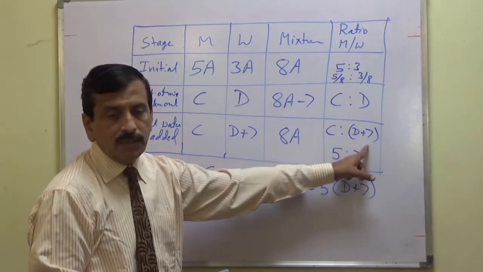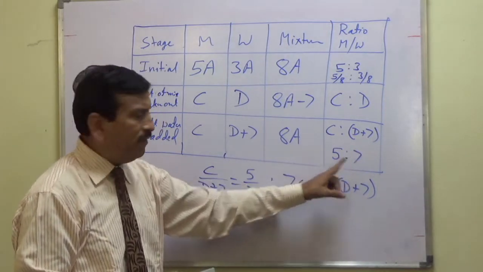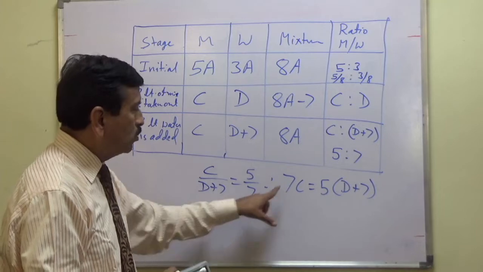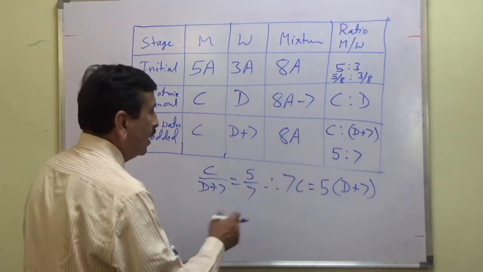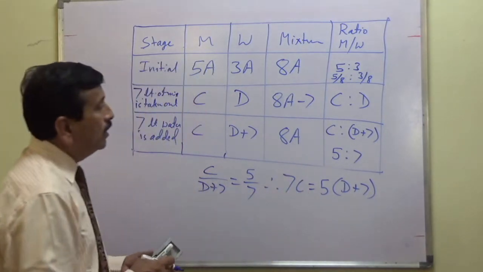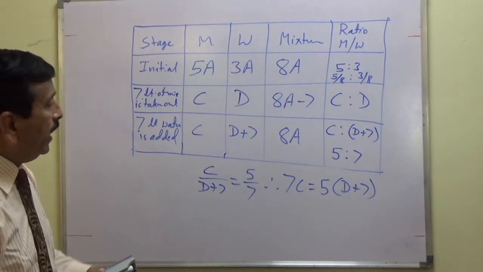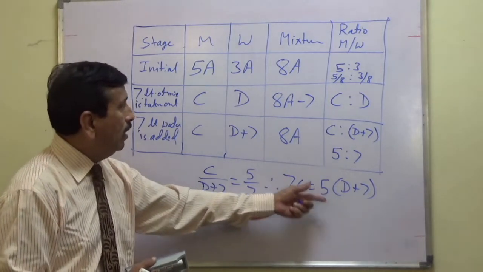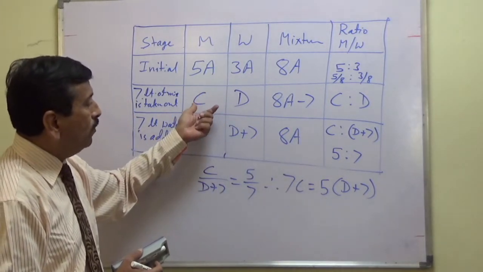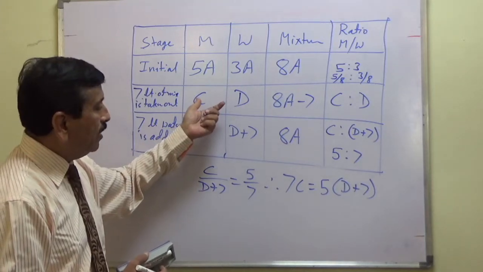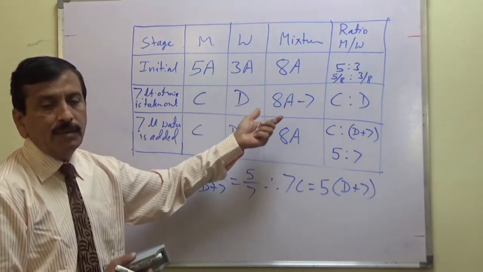C to D plus 7 is 5:7, so we are correct. So 7C will be equal to 5 into this, and therefore now further what we'll get, this ratio is available. Now we'll try to find the value of C in terms of D or D in terms of C.